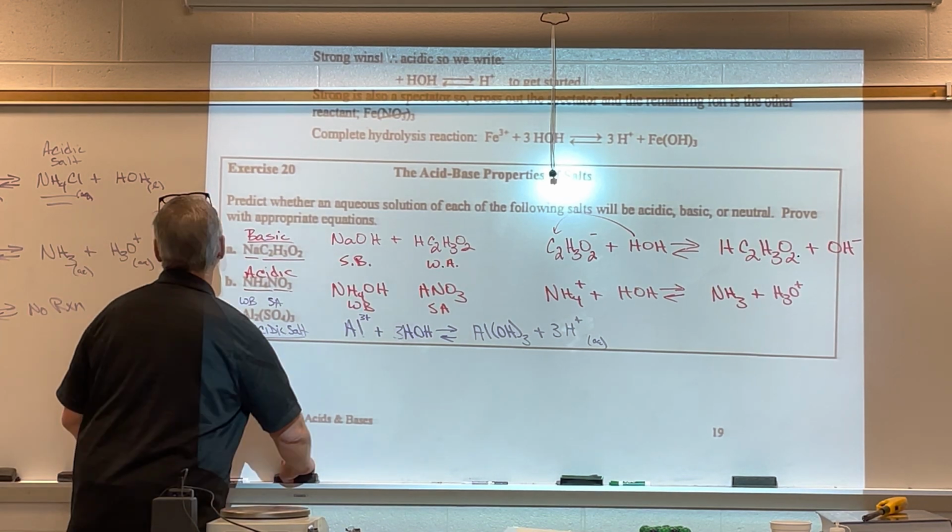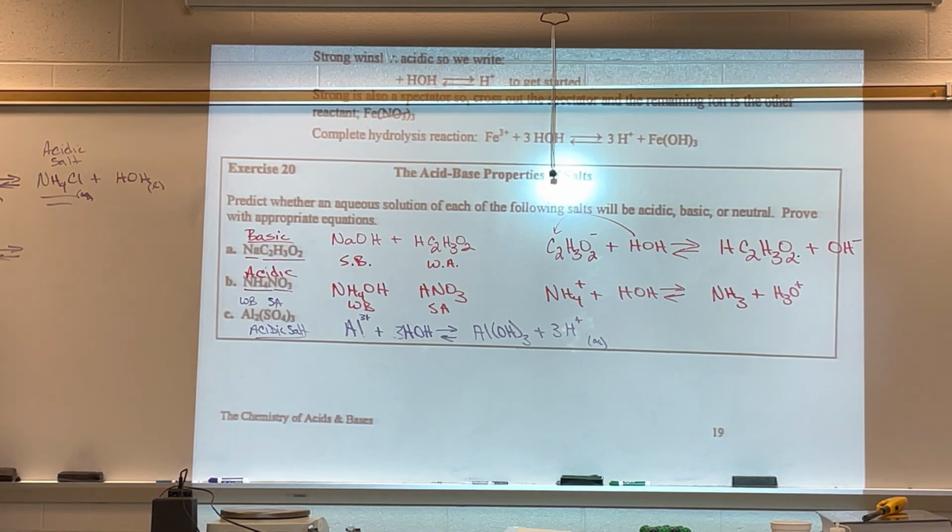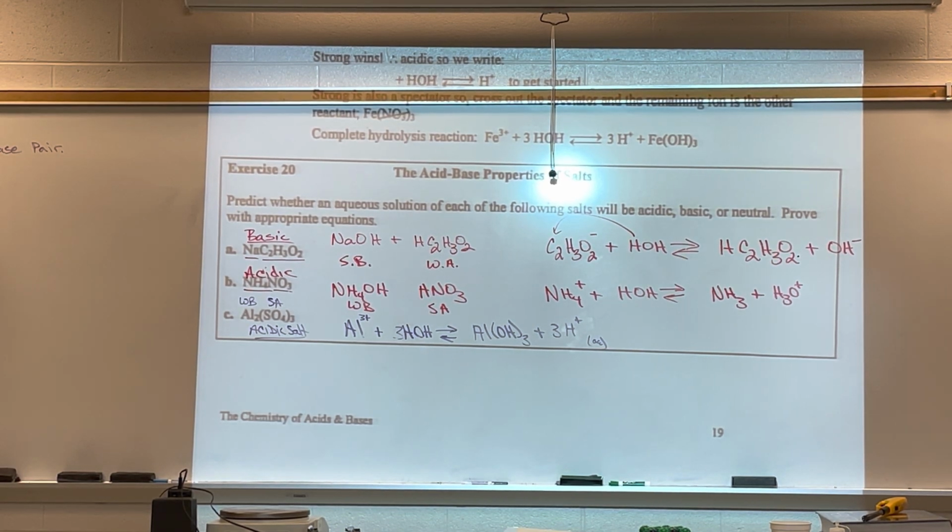Now, if I want to calculate the pH of one of these, we're going to do it just like any other reaction, but we have to understand this. For any conjugate acid-base pair, Ka times Kb is going to equal Kw.